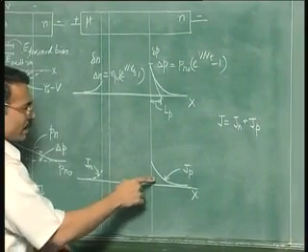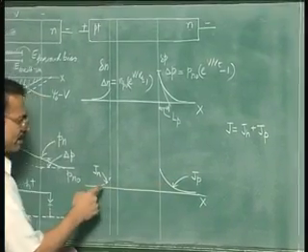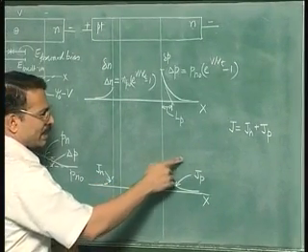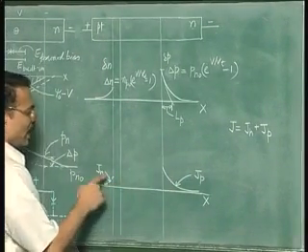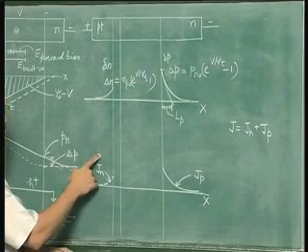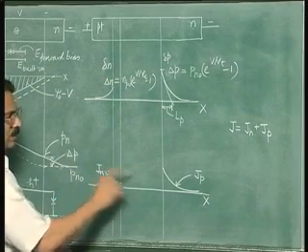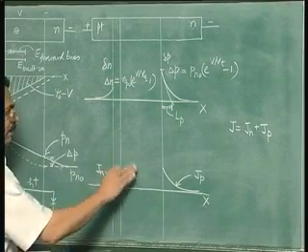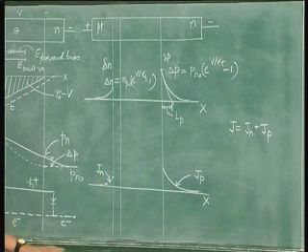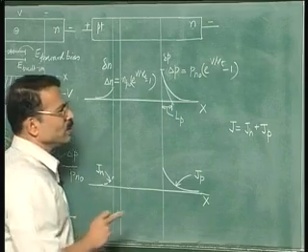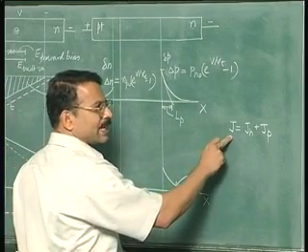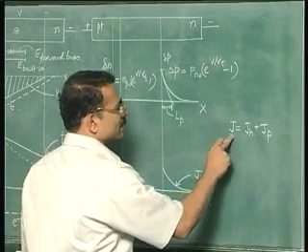Unfortunately, with the picture that we have drawn, I do not know Jn in this region and I do not know Jp in this region, and I do not know either of them as of now in this region. So how do we proceed further? Now at this point I must tell you that since this is a steady state condition, J is constant with x.